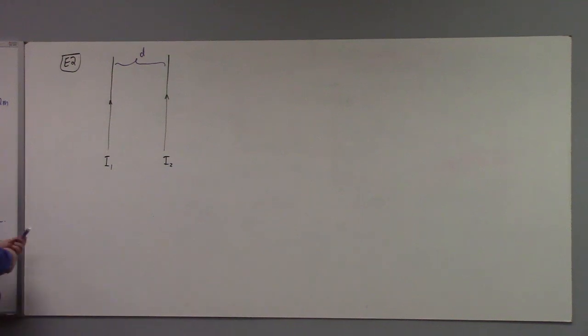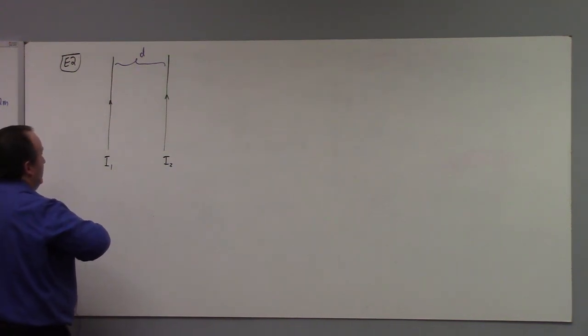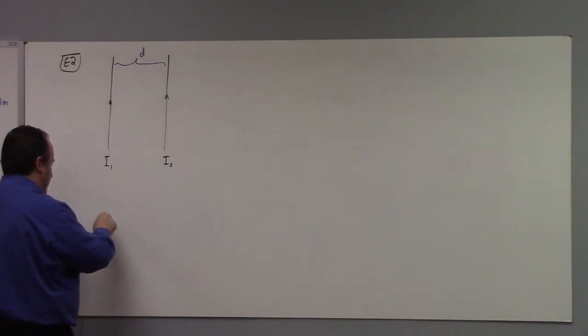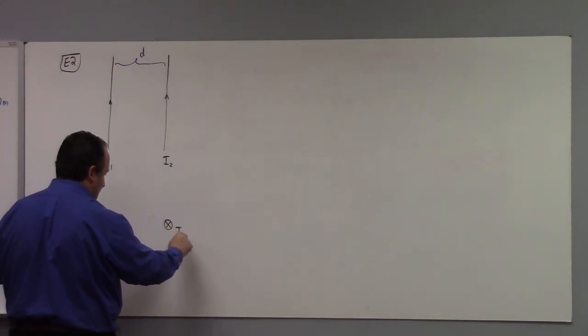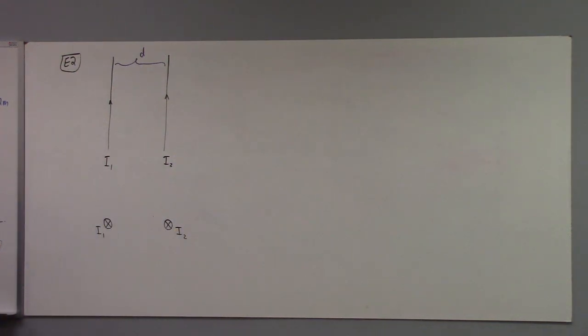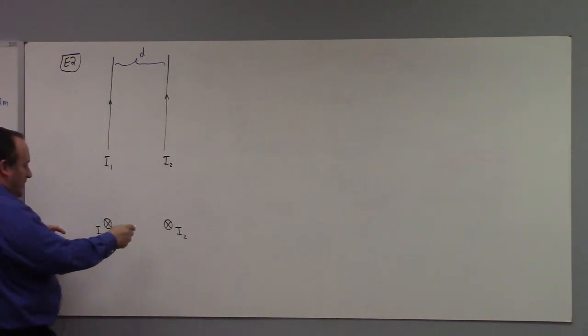I1, so like if we drew these as going into the board. So here's my I1 and here's my I2 into the board. I'll draw the magnetic field of I2 in red.